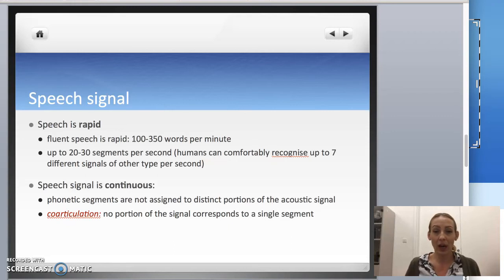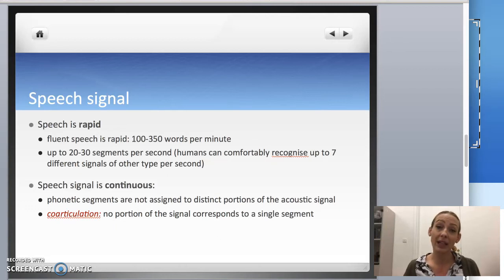Now, with all the other types of signals, if I were to show you 20 different pictures in a second, you wouldn't be able to recognize all of them because it's just too quick. But for sounds, we are able to do it. We have perceptual abilities that allow us to process speech sounds.